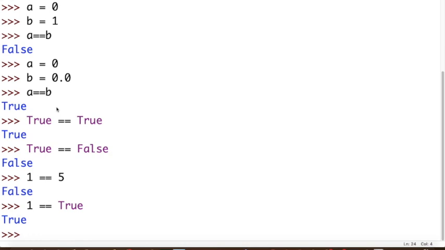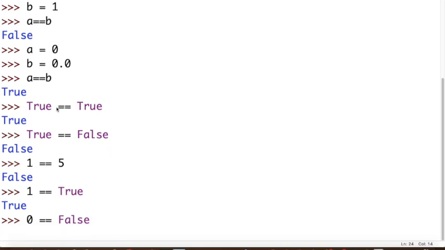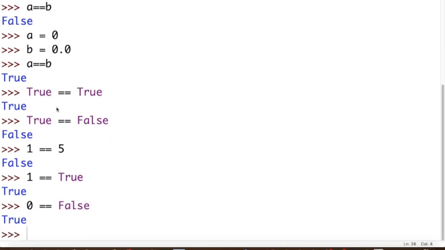Now let us find out the next question, that is 0 equal to false. So if Python takes 1 as true, this should also be true. So hence it is true, and 0 is taken internally in Python as a Boolean false. Now next, let us come to the next question. 15 is equal to 15.0.